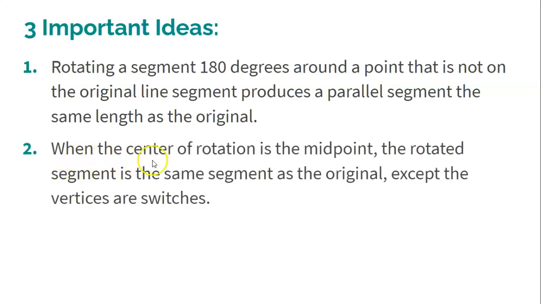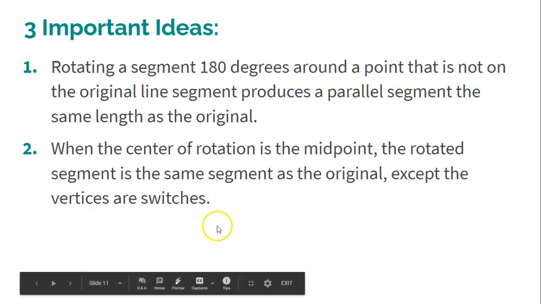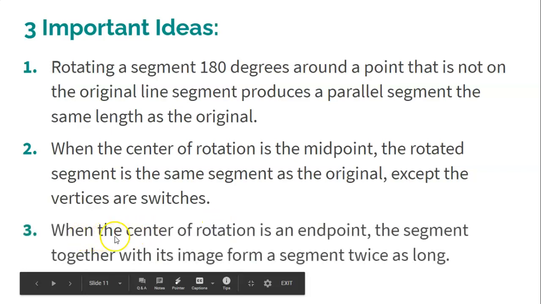All right. When the center of rotation is the midpoint, the rotated segment is the same segment as the original, except the vertices were switched. Remember that C and D were switched to the opposite places, and that's when we did number 2. Then, when the center of rotation is the endpoint, the segment together with the image is twice as long.